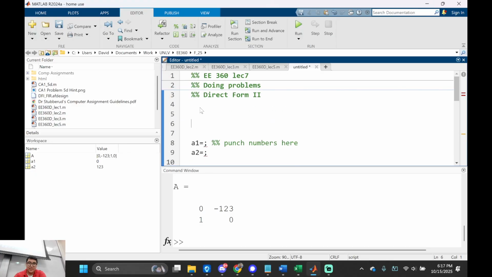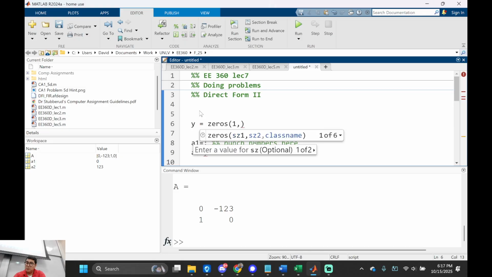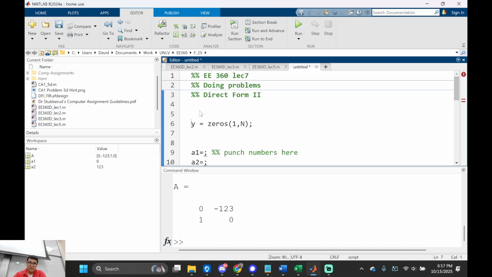If I were to instantiate some stuff, y is equal to zeros, one row, some length. N is equal to, I don't know, oh yeah, 50.